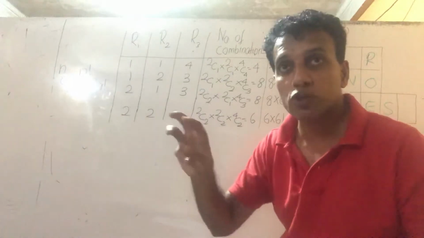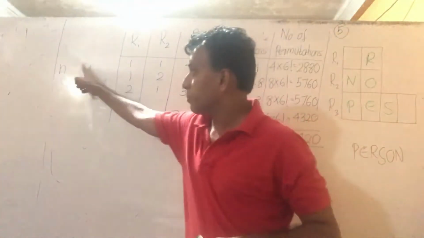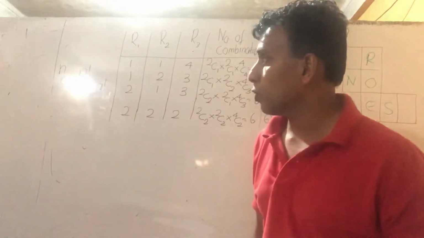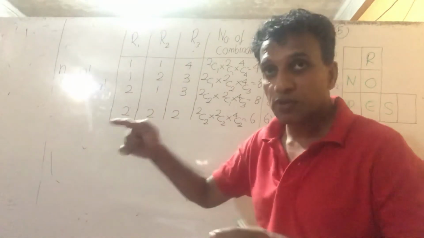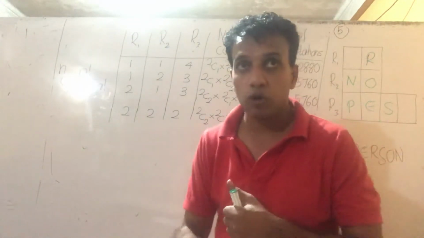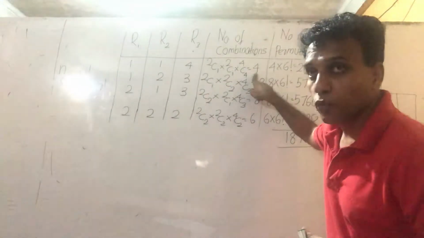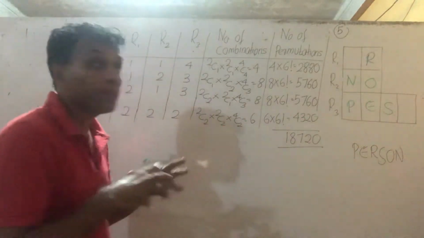That is 4C4. I hope you can simplify this formula. nCr means factorial n over factorial n minus r times factorial r, as we worked earlier in that binomial problem. If you simplify, the answer becomes 4, right? So 4 combinations are available.